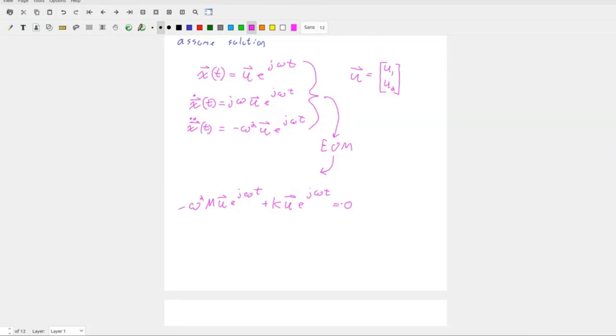A little bit of rearranging, and I get negative omega squared m plus k multiplied by u vector e j omega t is equal to 0.